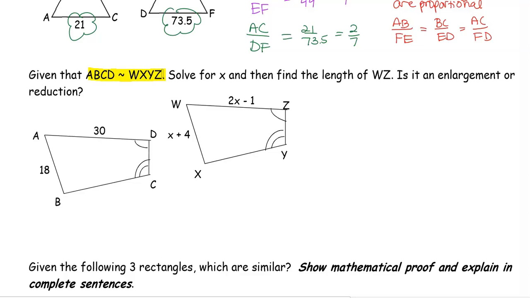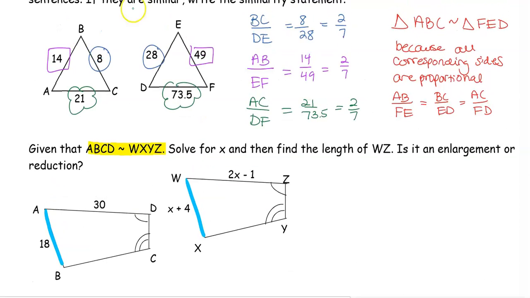The first thing I'm going to check is to see, are my sides drawn in corresponding order? So ABCD, WXYZ. Perfect. The letters match up here with the way the diagram is drawn. Why that makes it so easy is so that I can visually see that AB and WX match up.